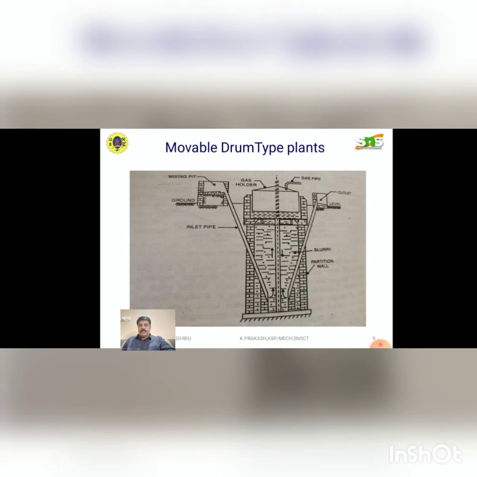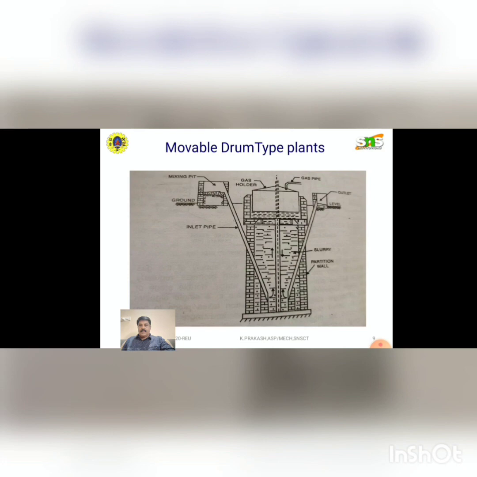The gas holder moves up and down depending on the storage and discharge of gas, guided by a central guide pipe. The gas holder is painted with anti-corrosive paint at least once a year. This plant supplies gas at a constant pressure which can be adjusted by a regulator. This plant was developed by the Indian Agricultural Research Institute.